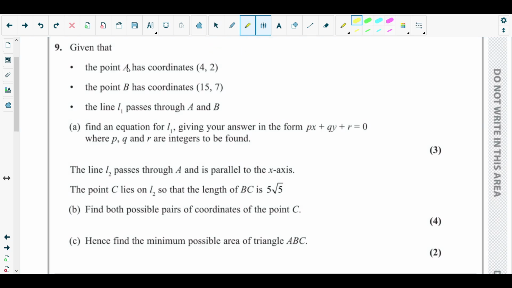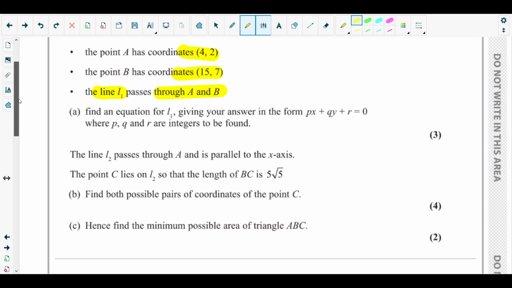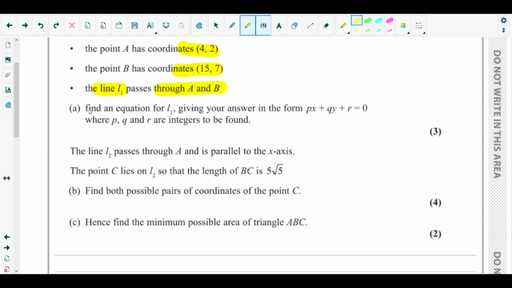Given that the point A has coordinates (4, 2) and the point B has coordinates (15, 7). The line L1 passes through A and B. In part A, they are asking to find an equation for line L1, giving your answer in the form Px plus Qy plus r equals 0, where P, Q, and r are integers to be found.